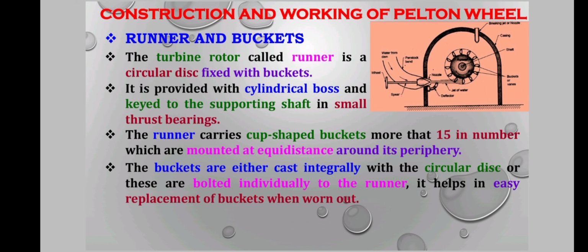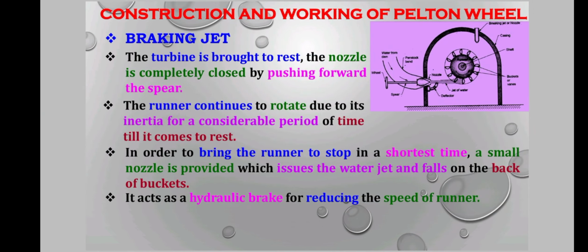It is provided with cylindrical bars and a key to the supporting shaft and small thrust bearings. The runner carries cup-shaped buckets, more than 15 in number, mounted at equal distances around its periphery. The buckets are either cast integrally with the circular disc or bolted individually to the runner. This helps in easy replacement of buckets when worn out.